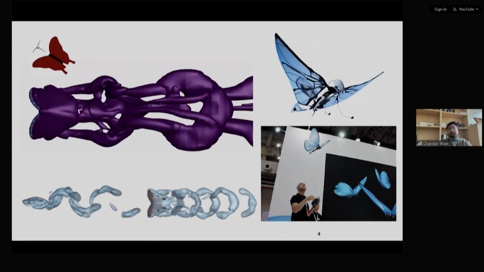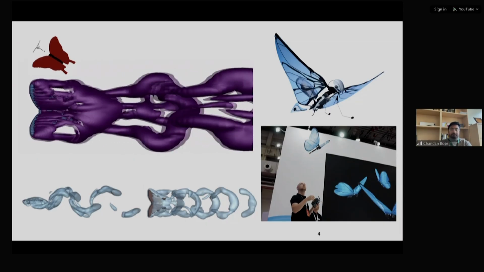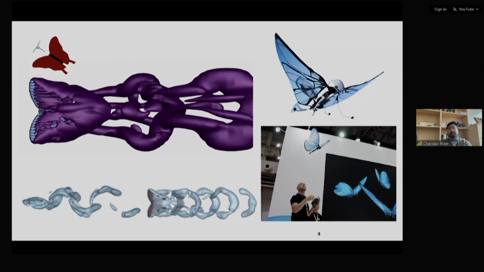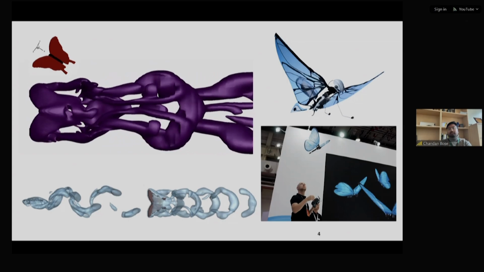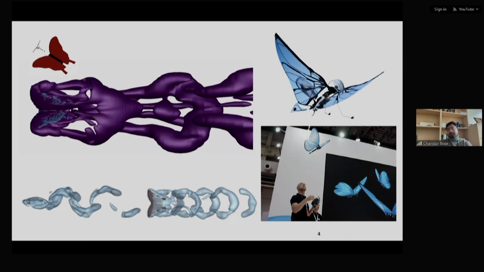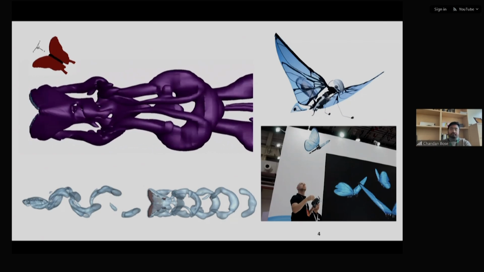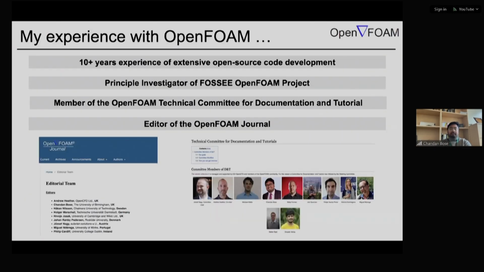In this simulation, we are developing a GPU enabled fluid structure interaction solver which aims to simulate hundreds of such butterflies flying together and understand their nonlinear physics. Now, hopefully you have a brief idea about my research interest.